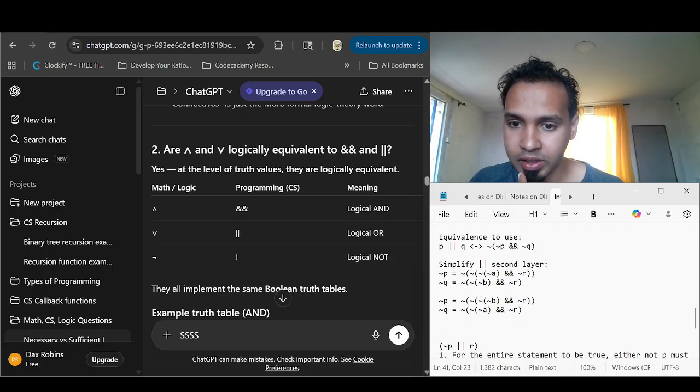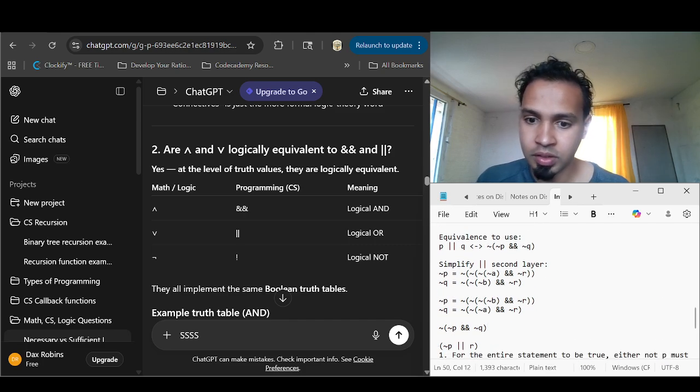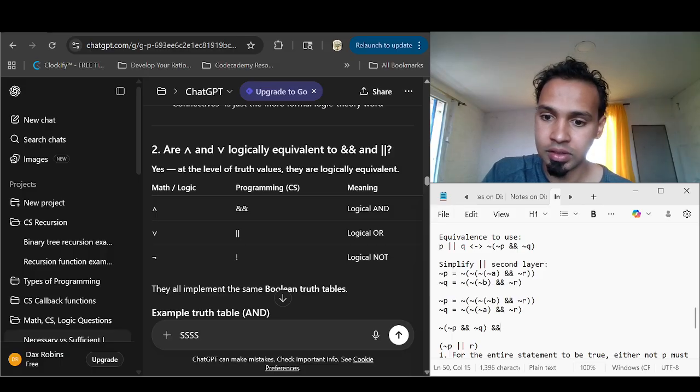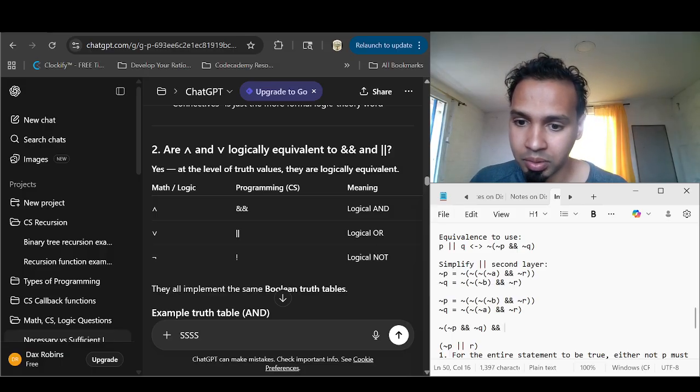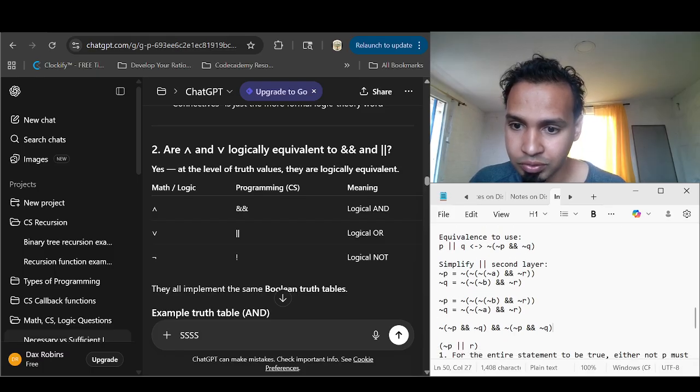So what I'm going to do is plug this in here and plug this in here, and then another, and then plug this in here again. And now I'm just going to replace like so.